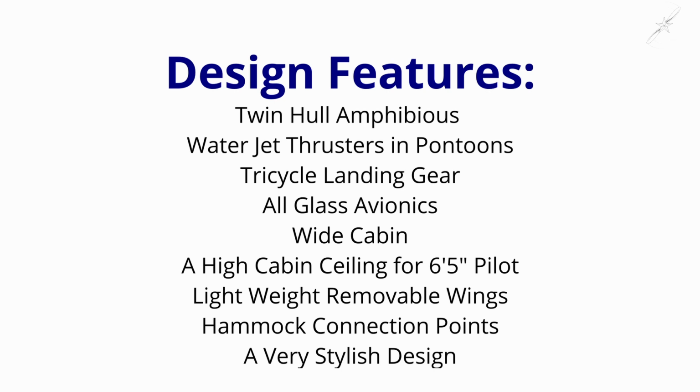Tricycle design landing gear. All glass avionic cockpit. A very wide cabin like a mid-sized car. A cabin ceiling height enough for a 6-foot 5-inch pilot, lightweight removable wings. There will be connection points on the back tail section for a hammock to lay in, and of course a very sleek design.